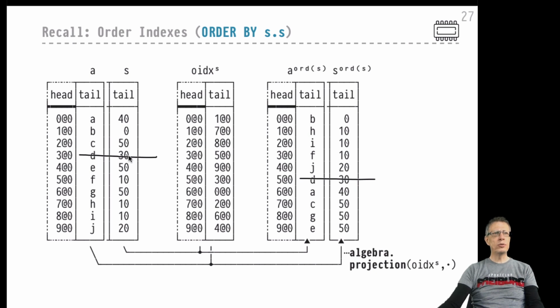Of course, D and 30 are associated in the unordered input, and they are associated in the ordered output. E and 50 are associated in the output because they have been associated in the input before. So a synchronized, consistent application of this order index using algebra.projection to all of the column BATs leads to the complete ordered output that we were looking for.